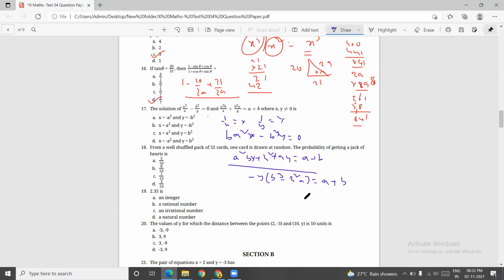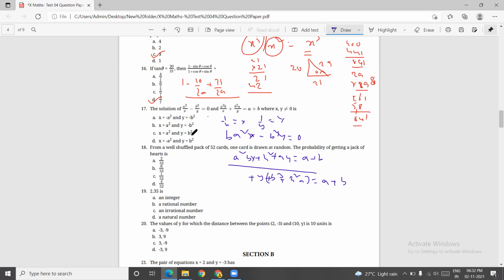So what is the y value from here? If I am taking b square common, minus of a plus b is coming. Taking minus common, I'm getting y equal to 1 by b square.